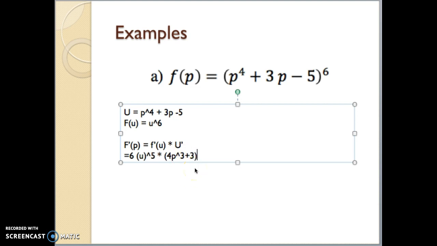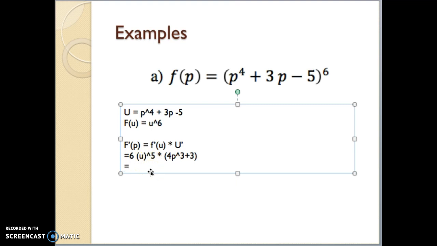And I'm almost done because I now have an equation for the derivative, but notice that I have two different variables. I have a u sitting around here and a p. I want to always go back to my original variable because that's how I defined my problem. P is probably the price and u is just some function of that. So we want to go back to that original variable p.